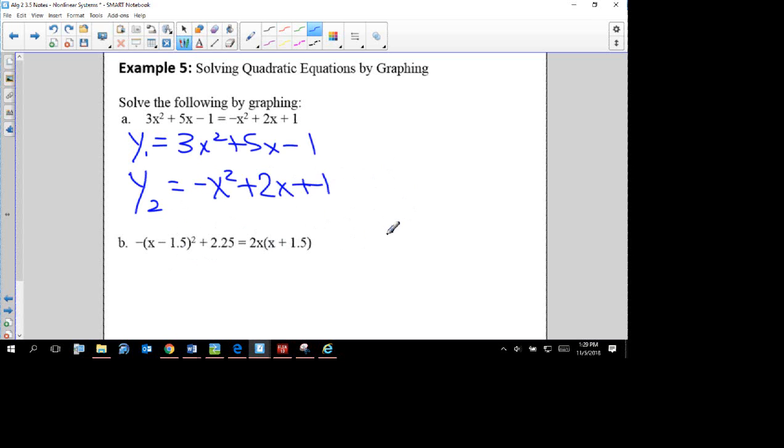Then you're going to use your calculator to graph that. I'm going to graph them as well, and then you can check your graph with mine and make sure it looks the same.